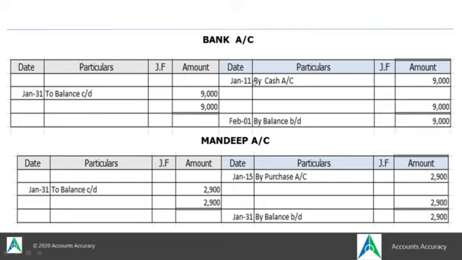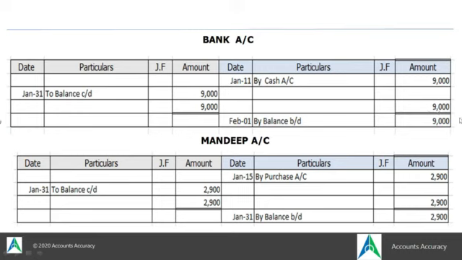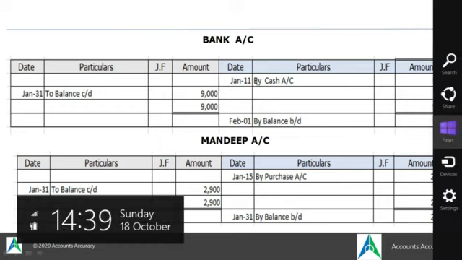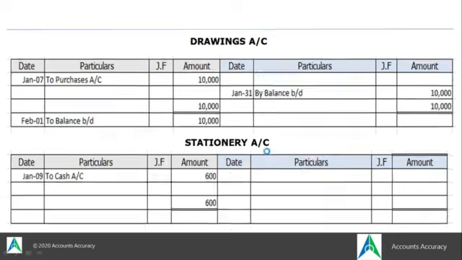So simply what you have to do is just the totaling. Both side totals will be written as 9,000 as no other entry related to bank is there on the left hand side. So directly you write on the last day of the month, to balance carried down 9,000, and both side totals will be written as 9,000, and this will be brought down to next month, February 1, as by balance brought down 9,000, diagonally to the other side. Next is Mandeep's account.